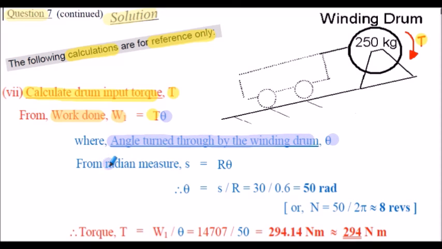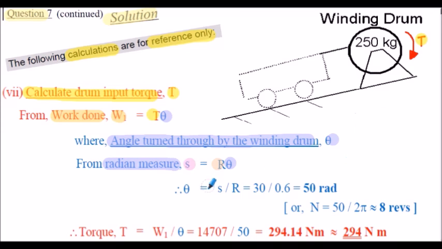So from radian measure, we know that linear length S is equal to R multiplied by angle theta, where S in this case is the linear distance travelled by the truck up the incline, R is the radius of the winding drum, and theta of course is the angle turned through.